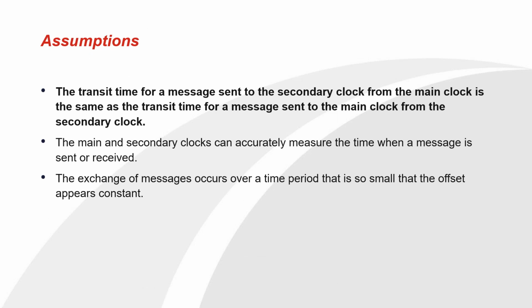There are some assumptions which are made during this. It assumes that the transit time for a message sent from the secondary to the main is the same as if a message was sent from the main to the secondary. This is a reasonable assumption, but it becomes less and less true if you have more and more devices in the way between your main and your secondary clock.